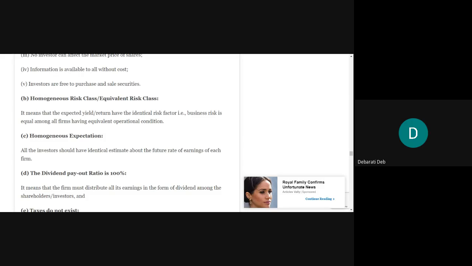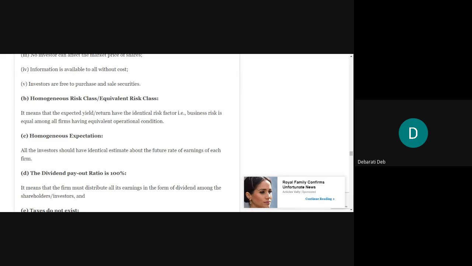Third point says homogeneous expectation. All the investors should have identical estimates about the future rate of earnings of each firm. To some extent it is correct, to some extent it is not correct also, because investors have their own perception.